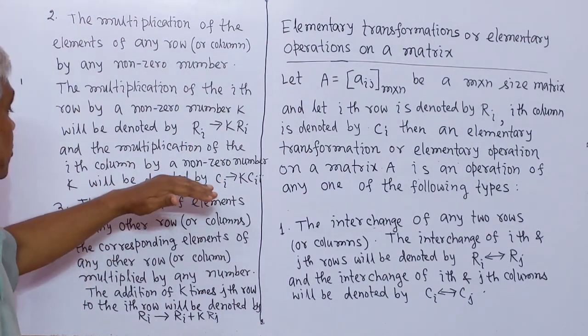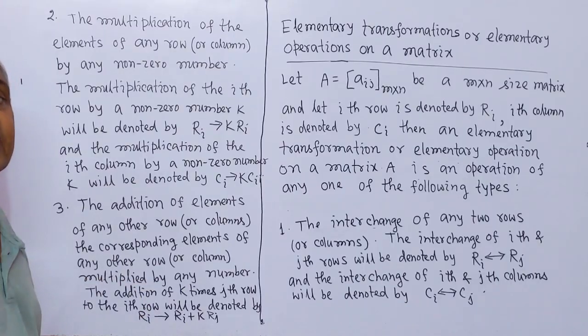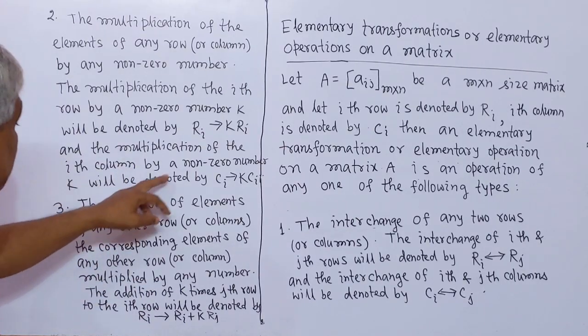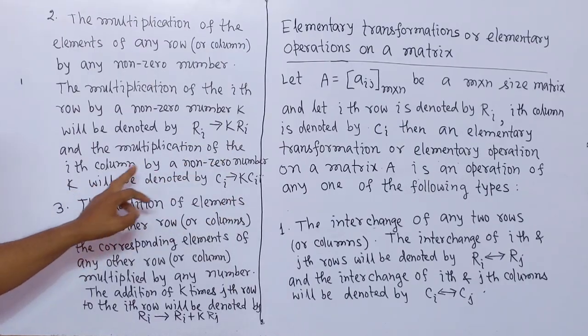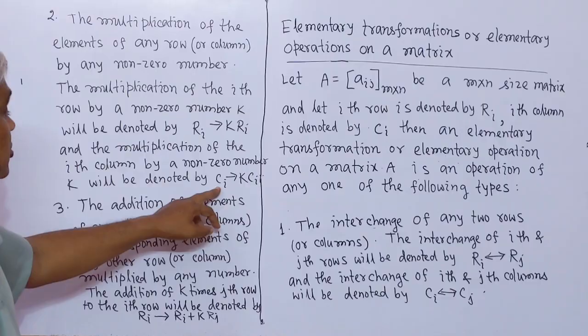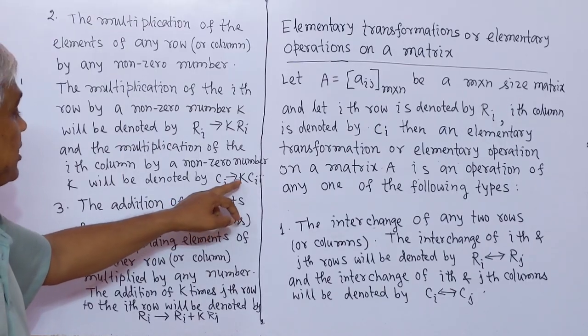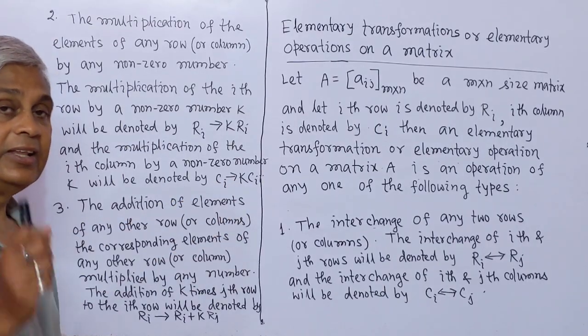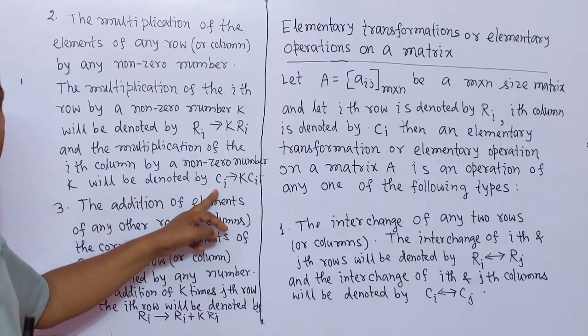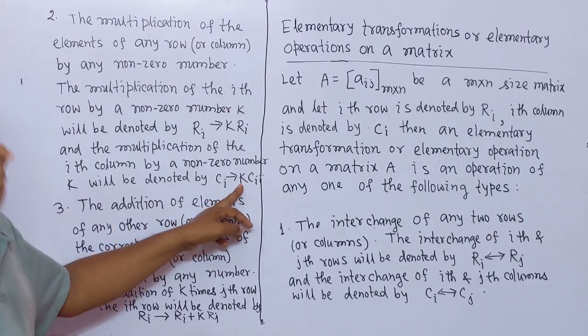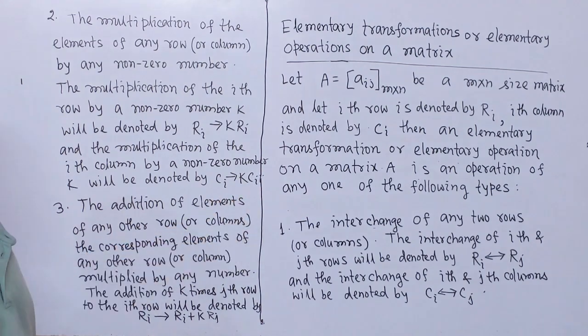When column operation is taken into account, then the multiplication of the ith column by a non-zero number k will be denoted by Ci ⟹ kCi, which means in the place of the ith column we write k multiplied by the elements of the ith column.